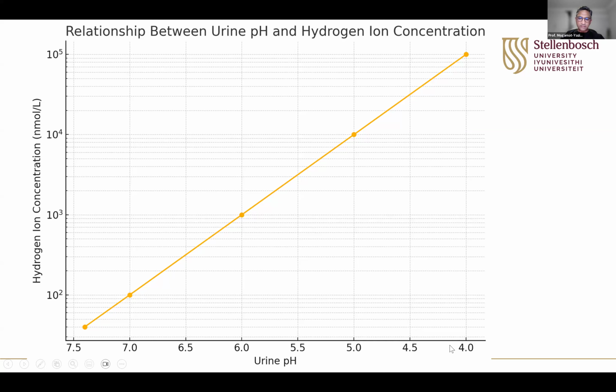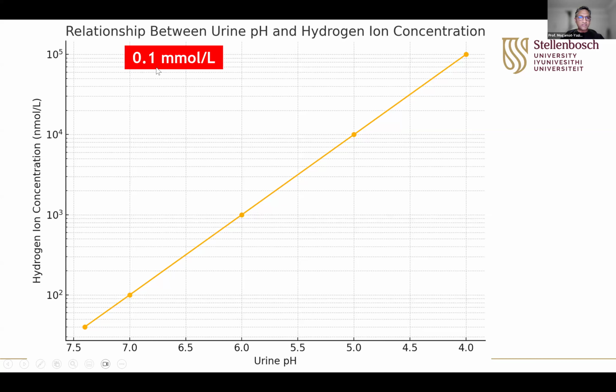On this end of the x-axis, the lowest urine pH that the kidneys can produce is around 4. And at this lowest pH, the amount of hydrogen ions in the urine is 10 to the power of 5 nanomoles per liter, or 100,000 nanomoles per liter, which is the equivalent of 0.1 millimoles per liter of hydrogen in the urine when the pH is 4.